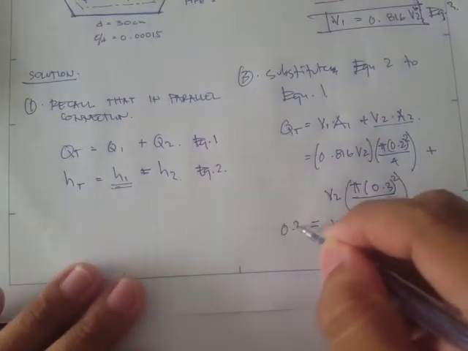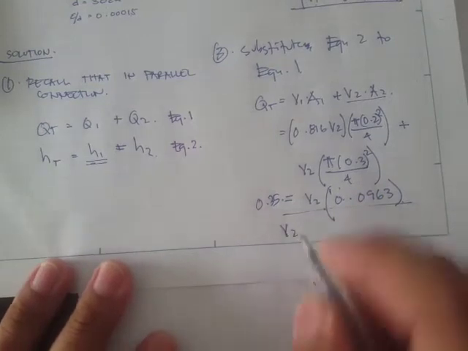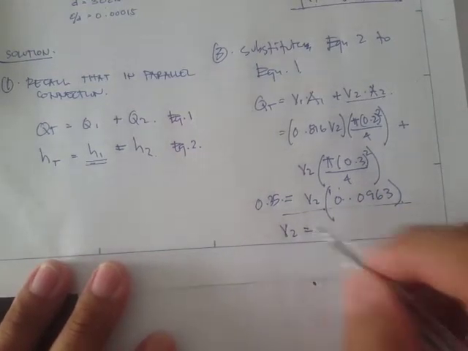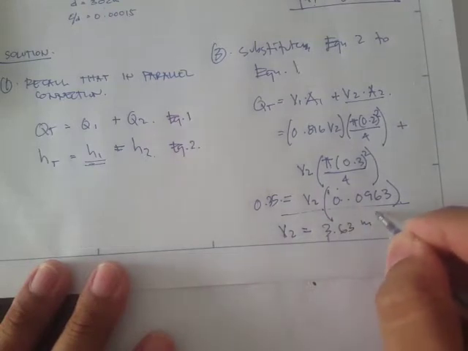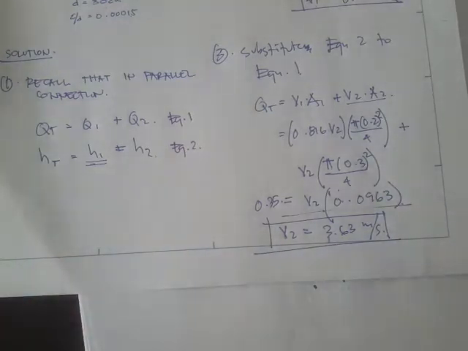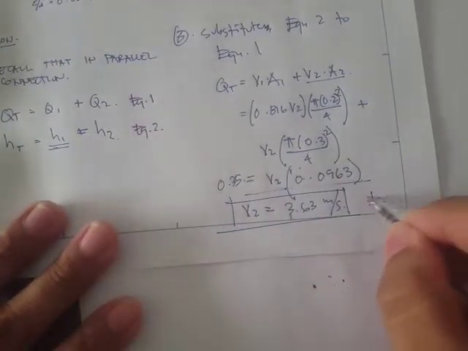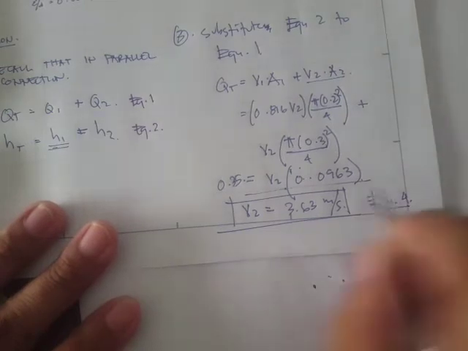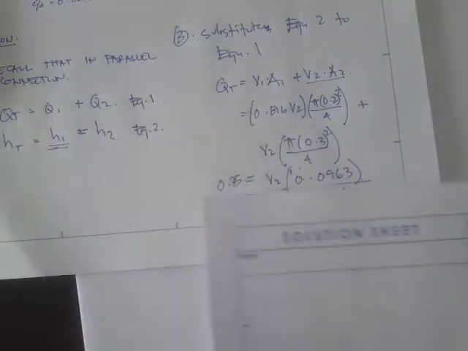So this is 0.35, and therefore v sub 2 is equal to 3.63 meters per second. Since we have the velocity 2, and let's say this is our equation number 4, we can solve now for the v sub 1.